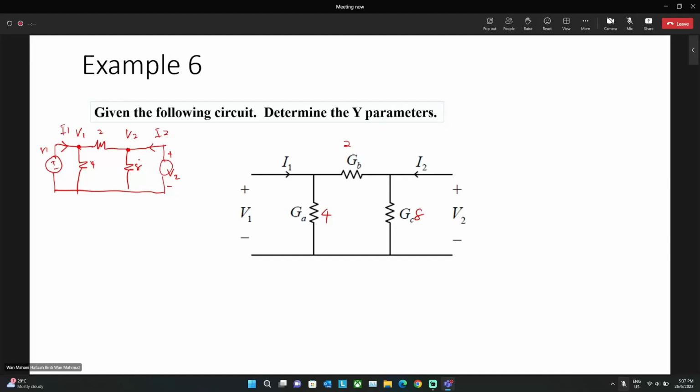You nak letak boleh, tak nak letak pun boleh. So what you have to do right now is you label lah yang lain-lain ni. I2, katakan sini, tak boleh I2 sebab I2 dah ada belah sini. Saya label I3. Sini I4 dan sini I5. Okay, let's say lah macam tu.